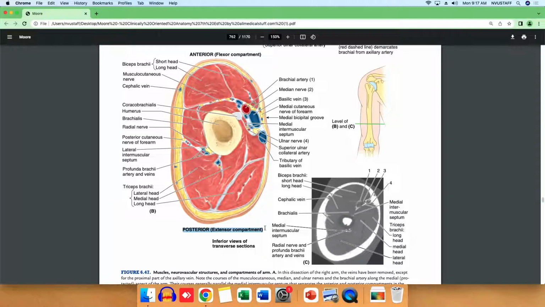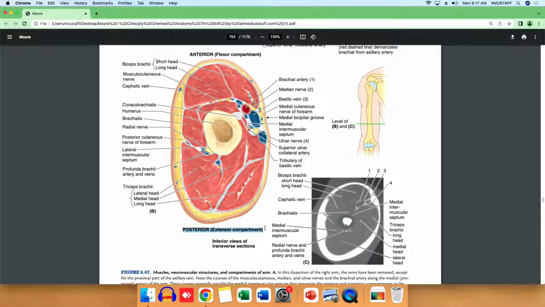That's why there is an alternative name for the anterior and posterior compartment of the muscles: flexors and extensors respectively. The anterior compartment muscles you can call simply flexors. Posterior ones are known as extensors.